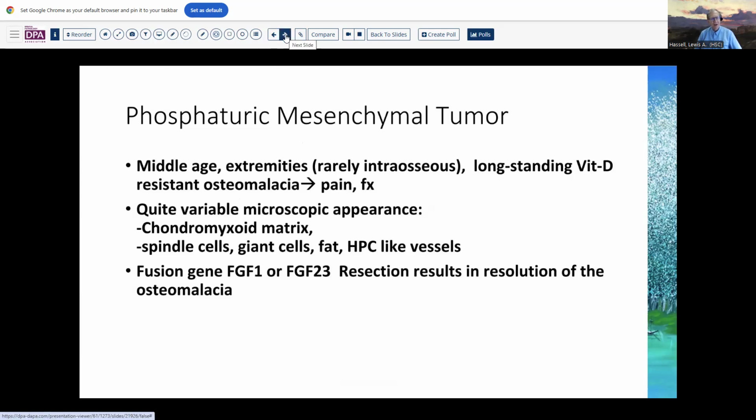So based on these findings, the more appropriate age group, location, lack of clear other findings indicating osteosarcoma, despite the fact that we have some degree of osseous type matrix, I think this fits better into the category of phosphaturic mesenchymal tumor.